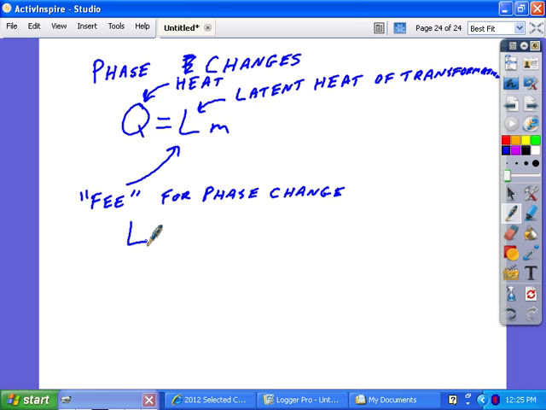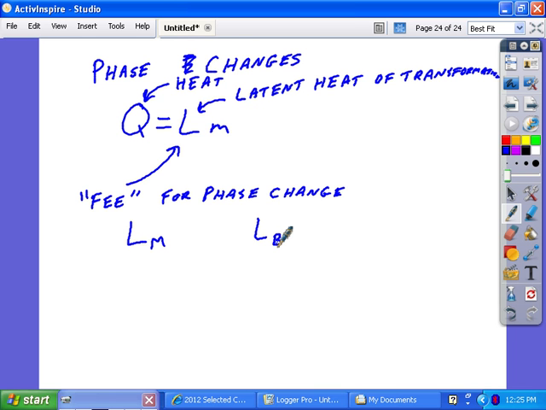In your textbook, on page numero 487, there are latent heats of melting, and there are latent heats of boiling. Which literally, latent heat of melting, latent heat of boiling. It takes a different amount of energy for a material to turn from a solid to a liquid than it would for a liquid to a gas. Okay?